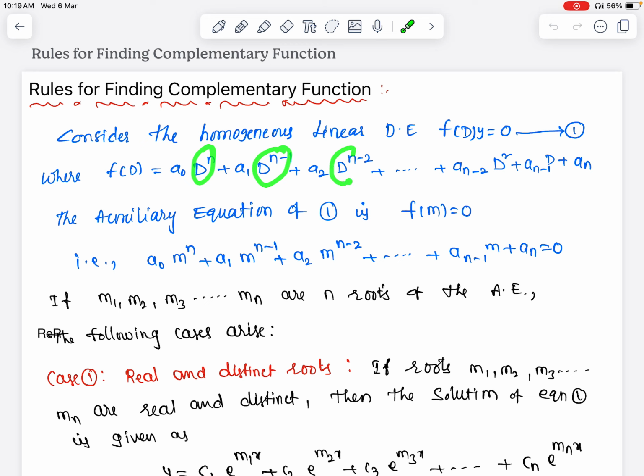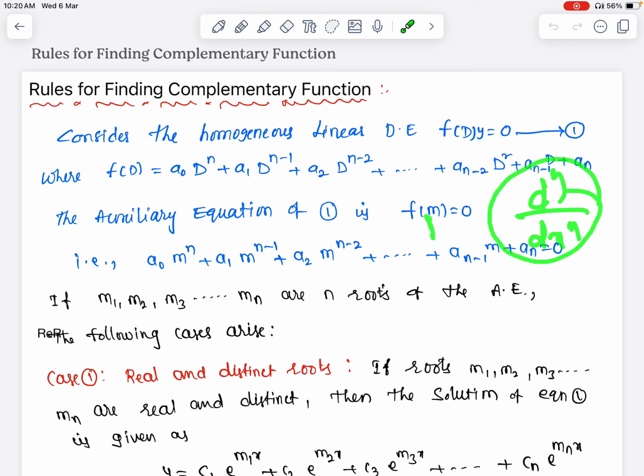D means the differential operator, where D means d/dx. D squared means d squared by dx squared. Similarly, D^n means d^n by dx^n. Here it is the capital D^n operator.